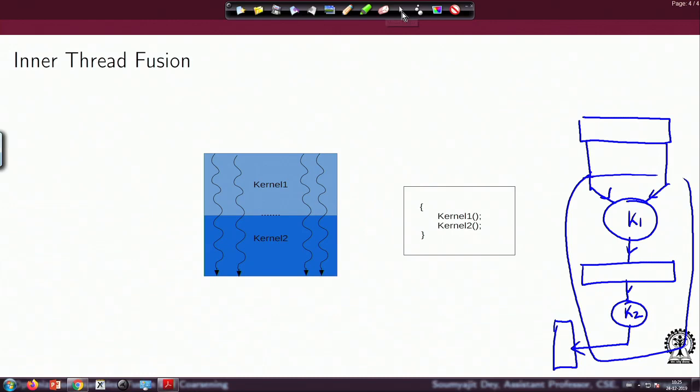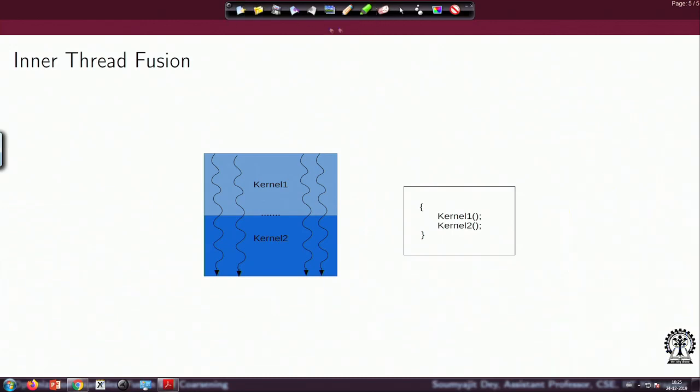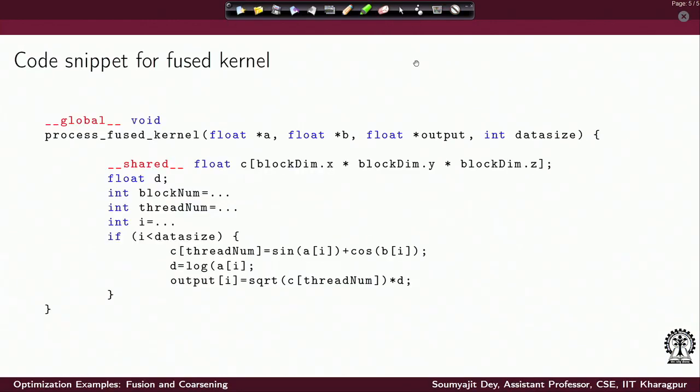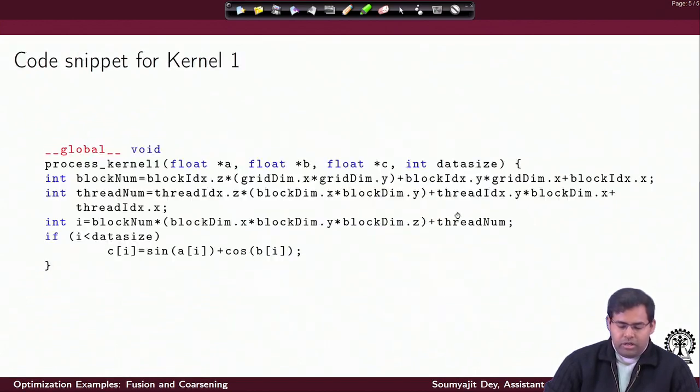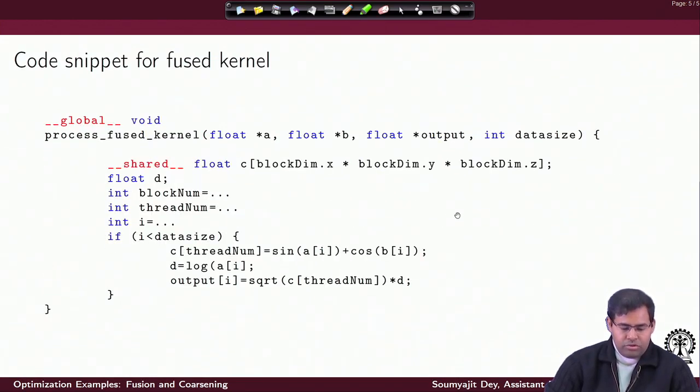If you remember the example we took earlier, let me go back to the task graph here. This was the task graph of kernels and we fused all of them. This was my version of the fused kernel. As you can see, the final fusion is at the thread level. We compute the global thread ID, examine whether it is inside the valid data size, then perform per thread the sequence of operations which were to be performed by each of the 3 kernels individually.